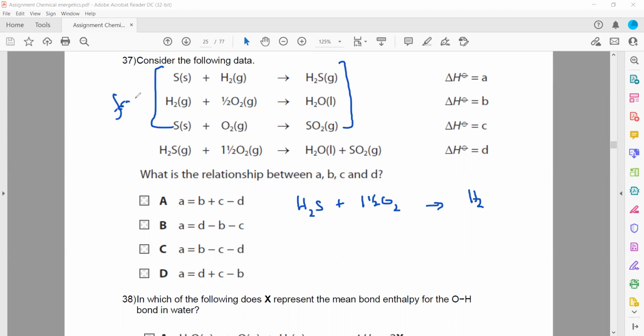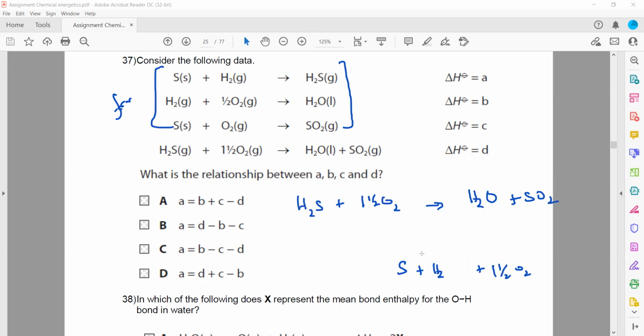The last one is actually a reaction. So when formation is there, the link which we add is the elements. It means there should be sulfur, then hydrogen, and then one and a half oxygen.